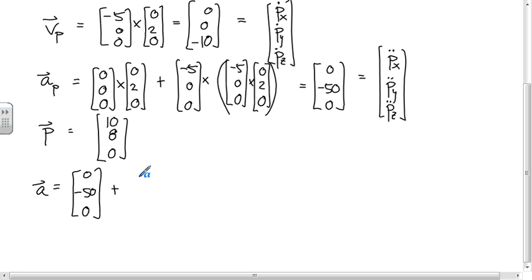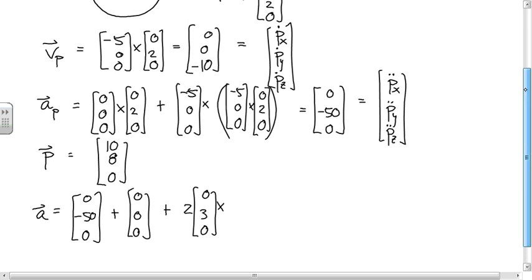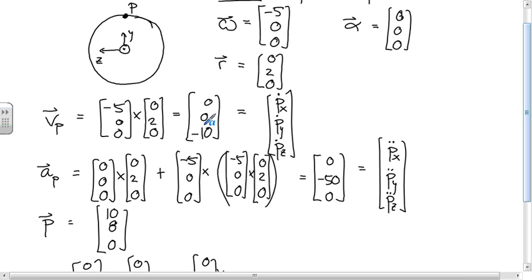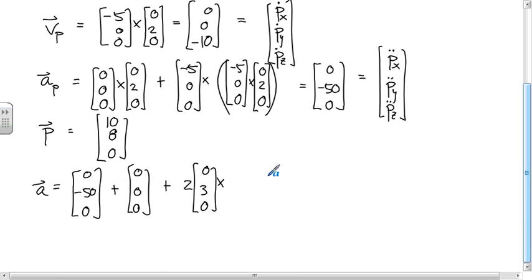Again, we don't have any angular acceleration, so we're just adding zeros. Plus the Coriolis term, 2 times 0, 3, 0, that's the angular velocity of the carousel, crossed with our observed velocity vector, which was 0, 0, negative 10.